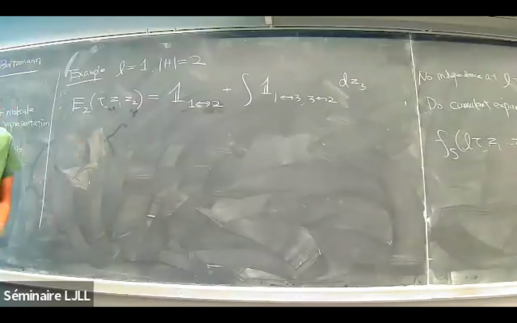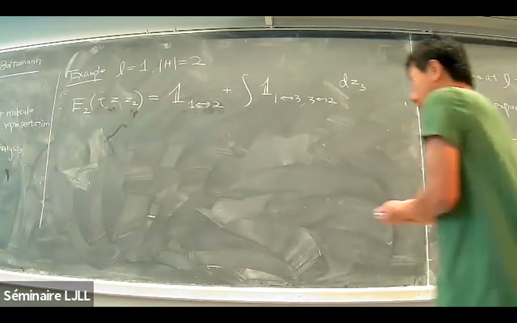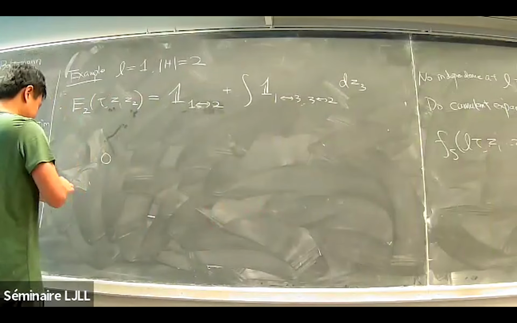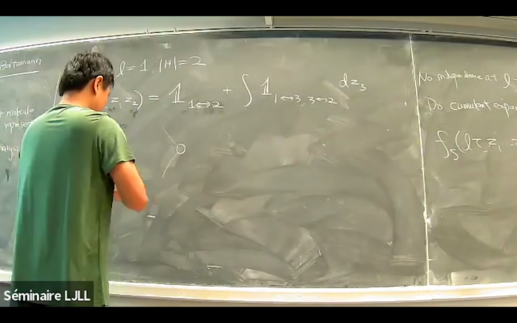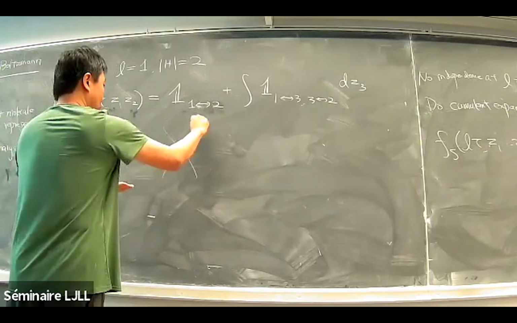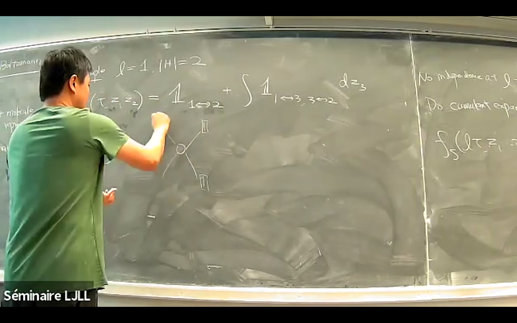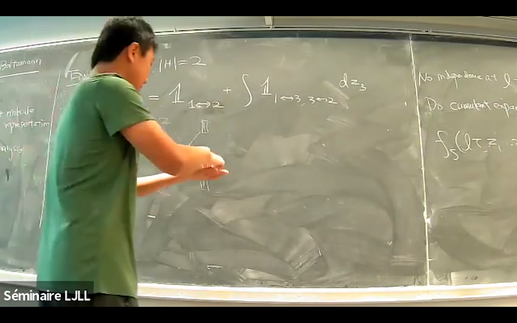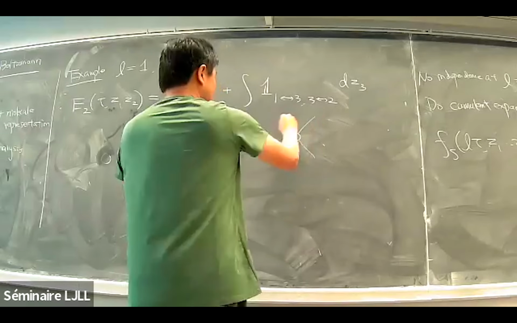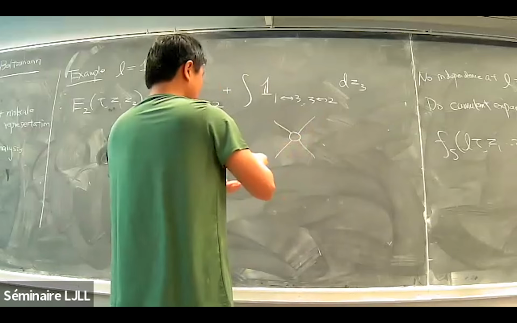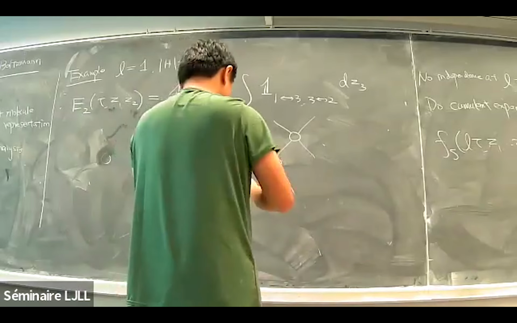Let me draw it: this is 1, this is 2, and there is a 3, and then 3 collides with 2.